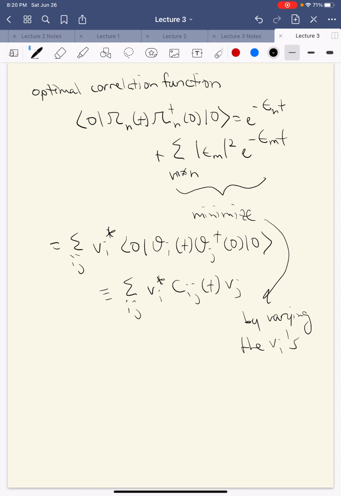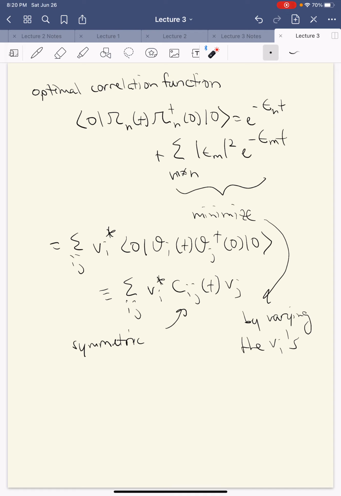Okay, so note at this point that this matrix C_ij is symmetric because if I swap i and j, I just get back the same thing.